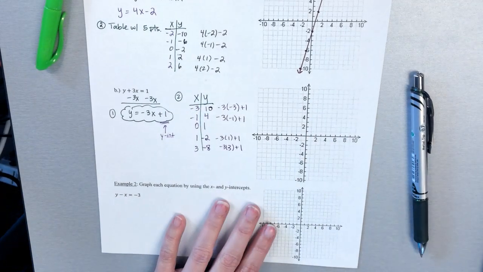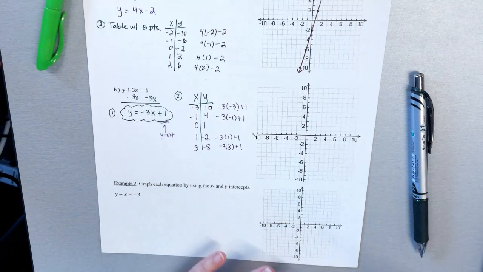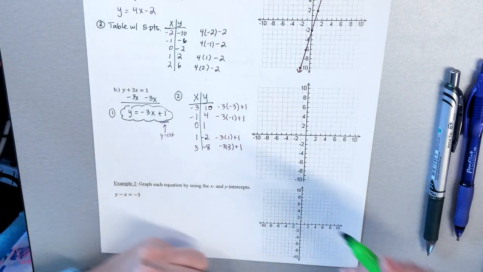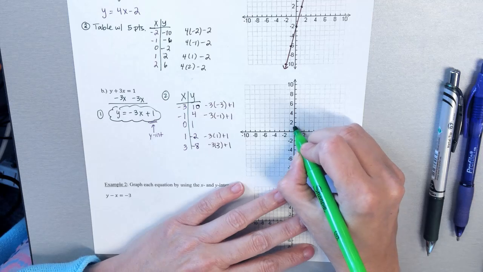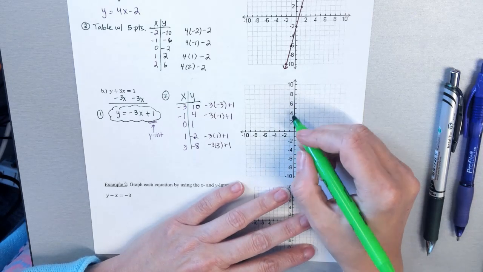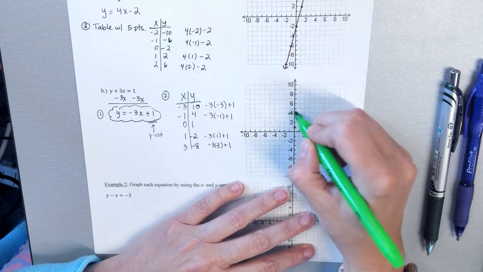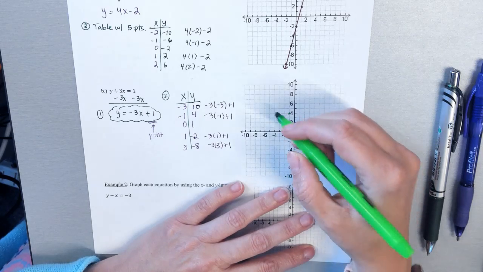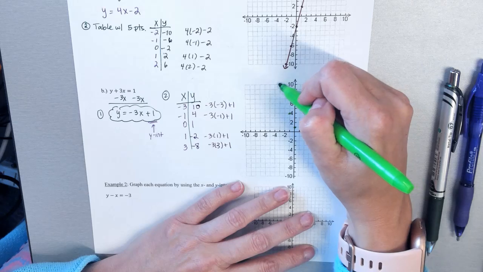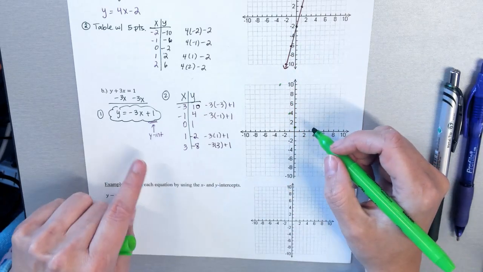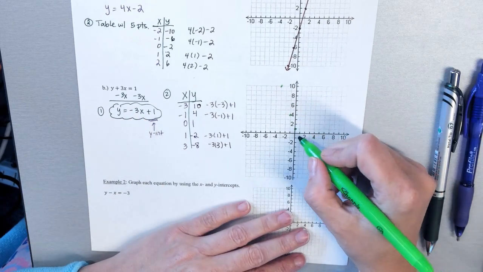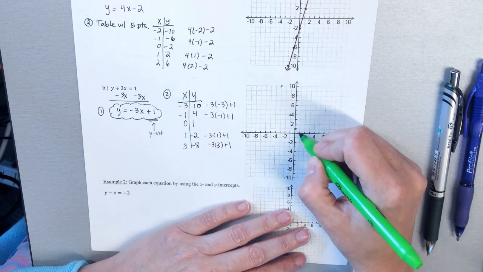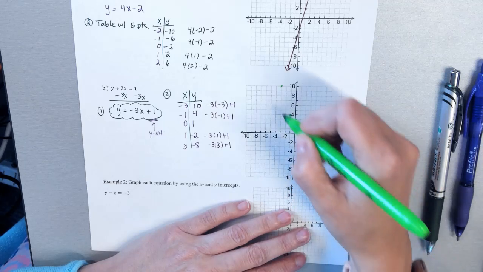And then we can just plot our points, connect with our straight edge. Okay, so we take a minute now to do that. One thing you might want to check is when you are graphing, once you have graphed it, if you have a negative slope, what direction should the line be going from left to right? Yep, it should be going down.